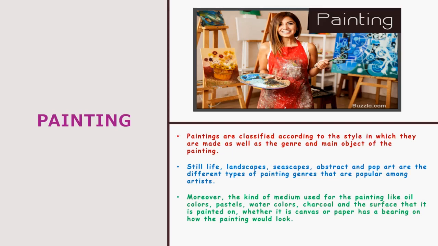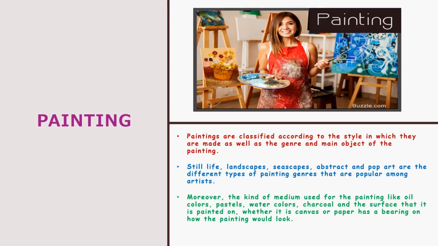So the people who draw the still life painting, they draw the natural things around us. Okay, landscape, which is a painting that has got the land in it. Some kind of forest in it, all those. Then it can also have mountain in that. Then seascape always depends upon the seashore or ocean when you paint like that. Abstract, again, is colorful, which is not real at all.